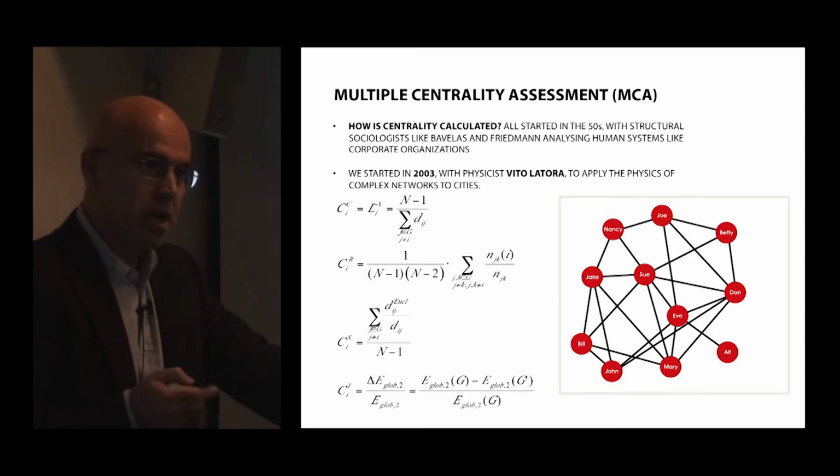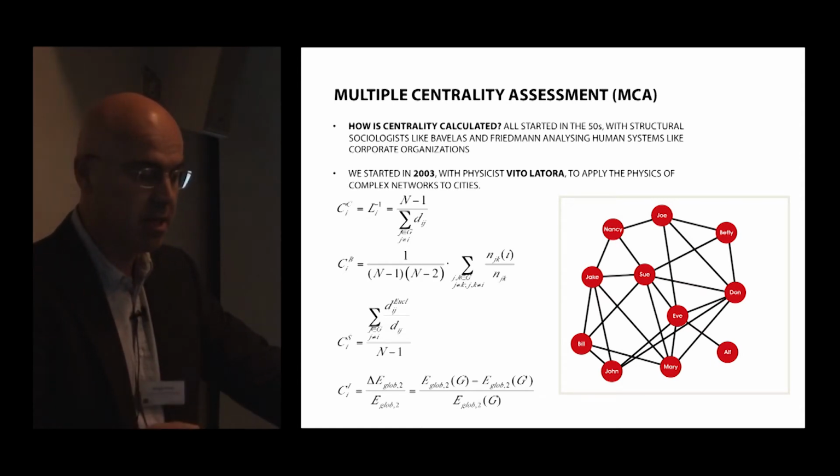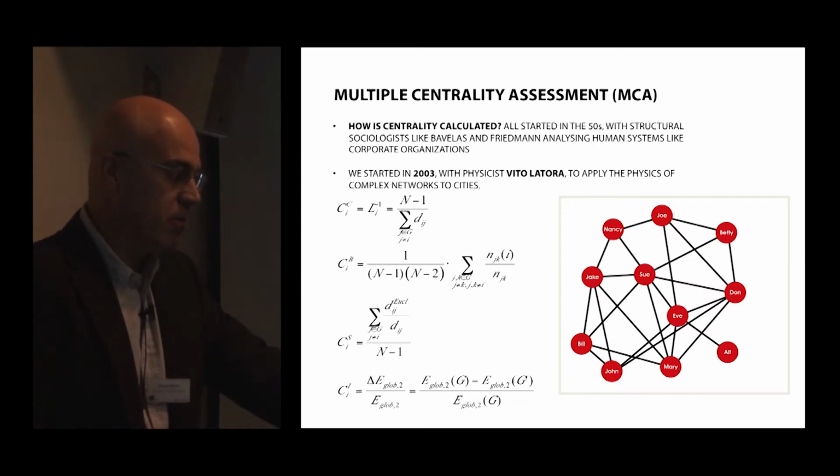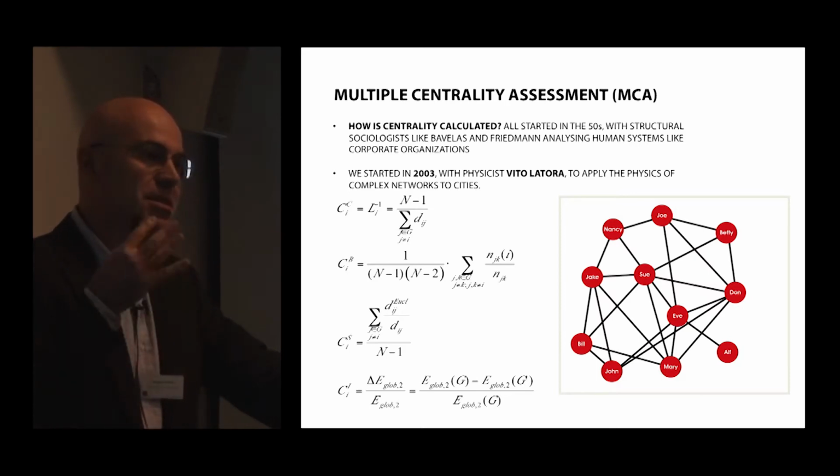So how do we calculate the colors? There are different ways to understand centrality and to calculate it accordingly. Without getting into the formulas, which I just placed here for making a better impression, the bottom line is that you can understand centrality in different ways.